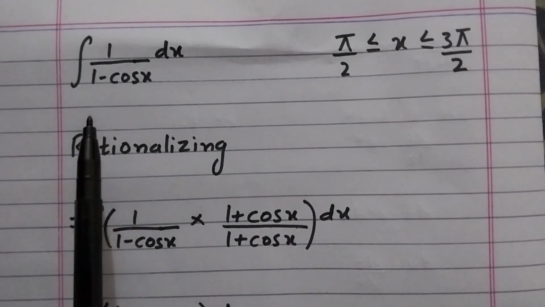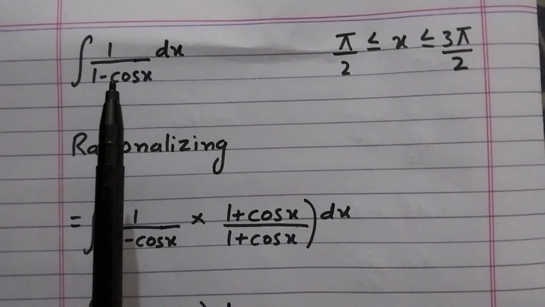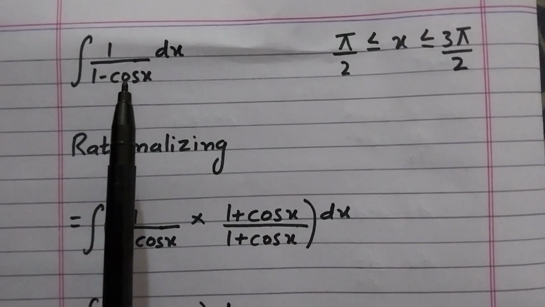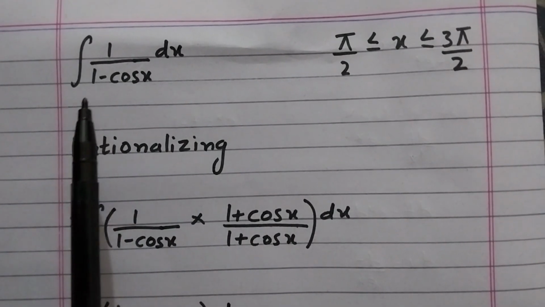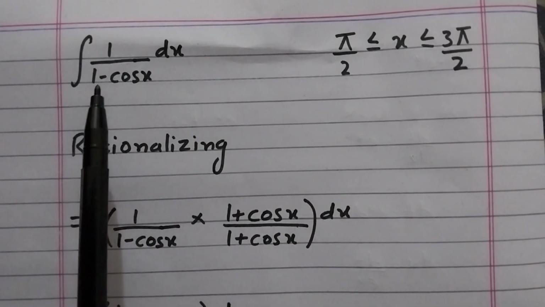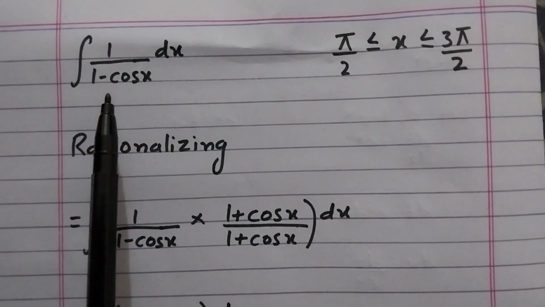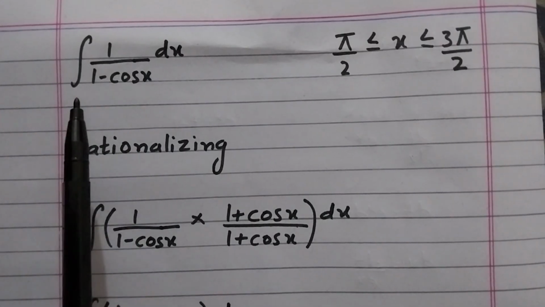We can't write it as a sum or difference of two terms, and we can't distribute the integral. So we need to convert these two terms into one term, and for that we need to rationalize this denominator.